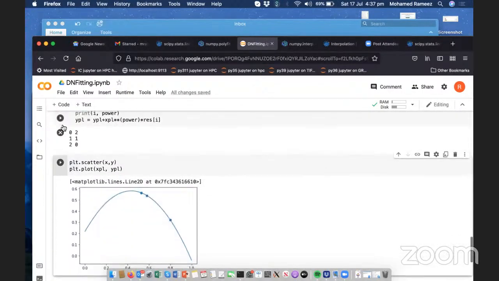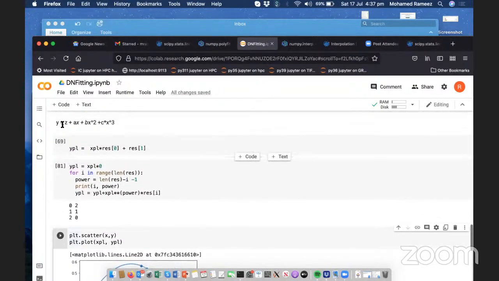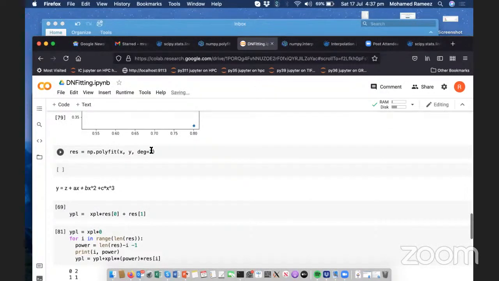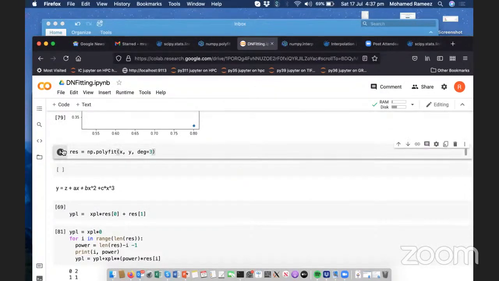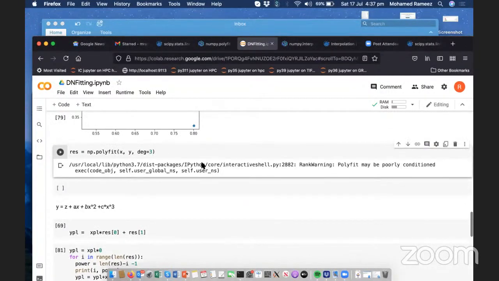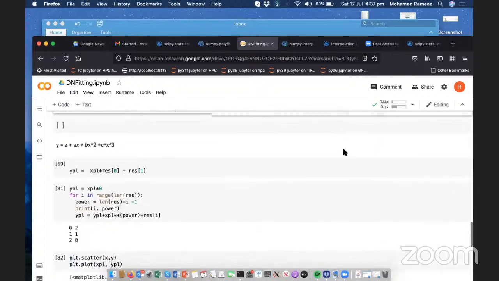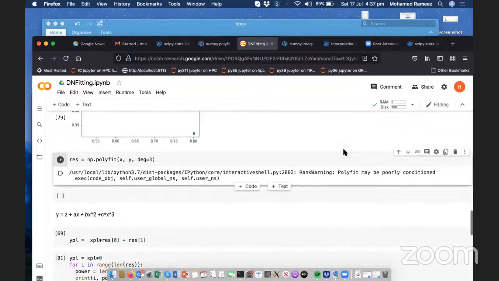But if, on the other hand, I try to fit a third-degree polynomial to 3 points, it will complain that it is poorly conditioned. This is because if you have fewer points than the degree of the polynomial you're trying to fit, the underlying matrix is singular, as in it is not a well-defined fit. You cannot do that, which is why it is complaining.